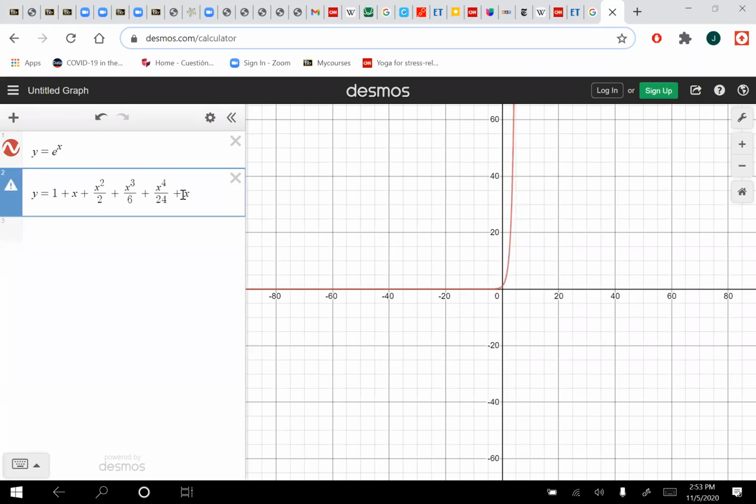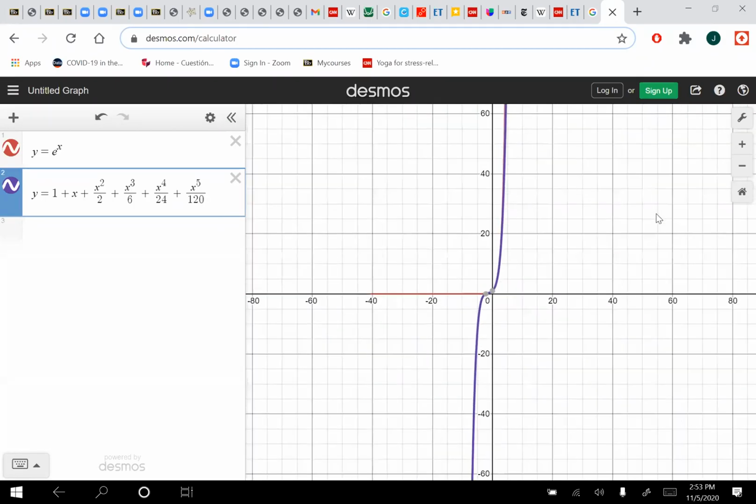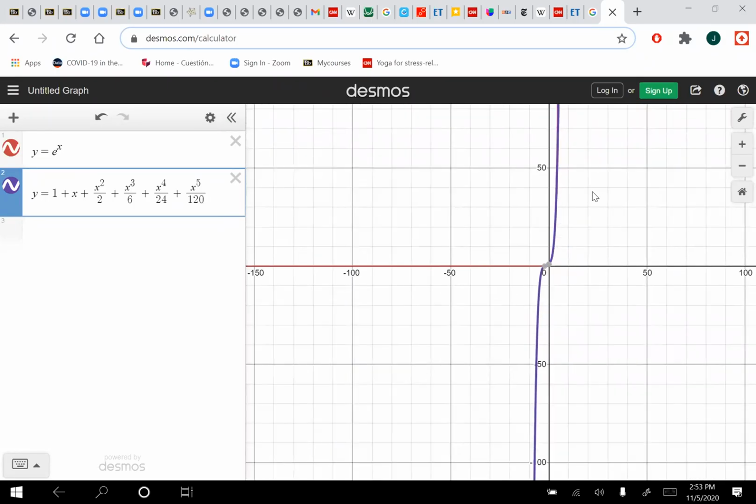X to the 5 divided by, what is 5 factorial? 120. Yeah, so you see, look at my positive. You see that approximation when it's positive? It's almost perfect.